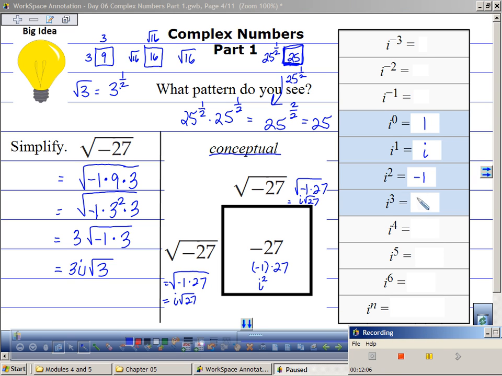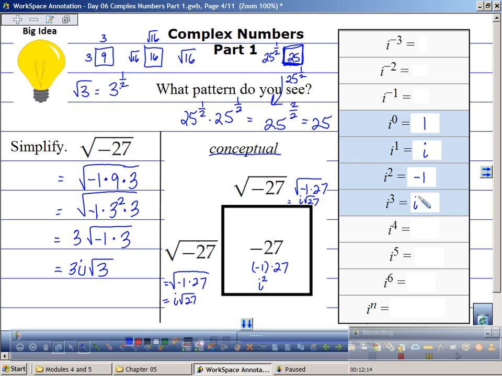All right, so I'm going to move on to i cubed. What would i cubed be? It would be i squared times i. Well, what is i squared? -1, so it would be -i. Right? If I have an i squared, isn't that -1? So now I have -i. i to the 4th is i squared times i squared.